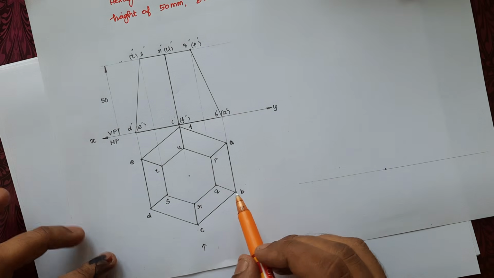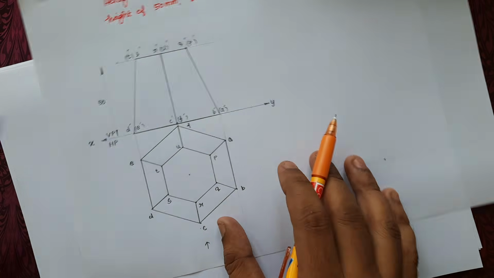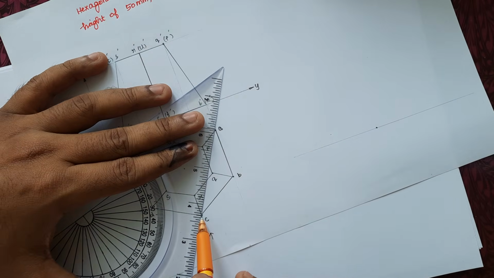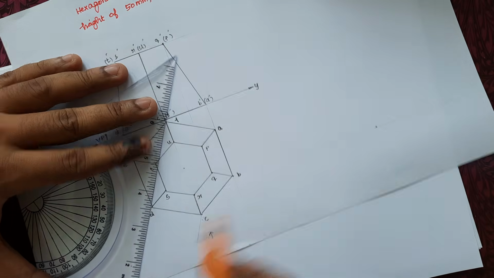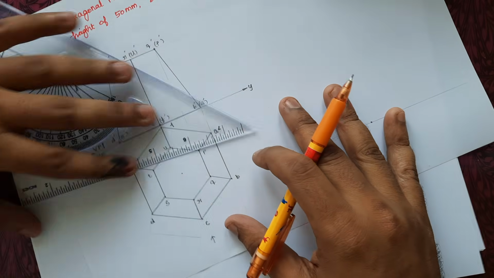Okay. So now the base hexagon, which has a side of 35 mm, and the top hexagon, which has a side of 20 mm, are drawn. We can mark the dimensions here also, 35 mm and 20 mm.